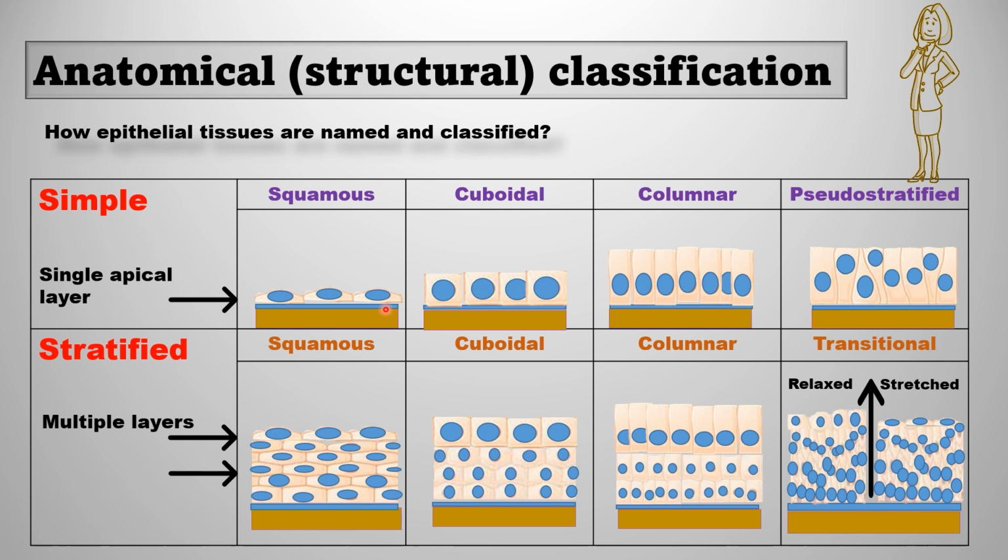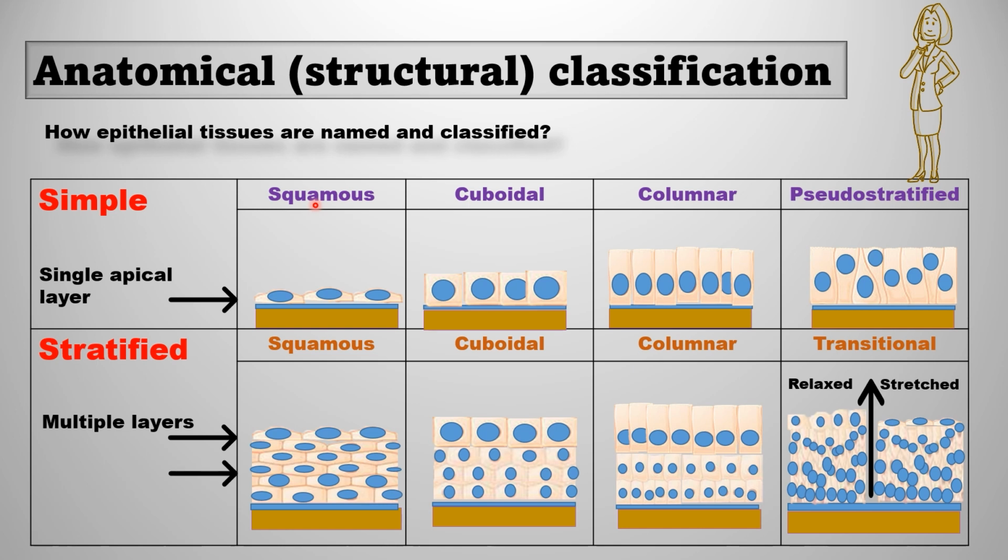This is not our consideration here. Here, the full blue line is the basement membrane. Above the basement membrane, there is only one layer, so it is simple. And the shape of the layer is squamous. So this tissue is named simple squamous epithelium.